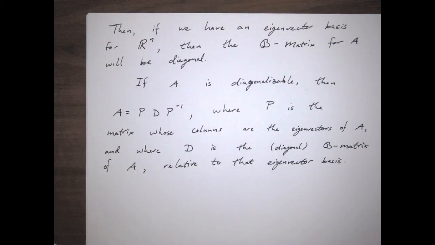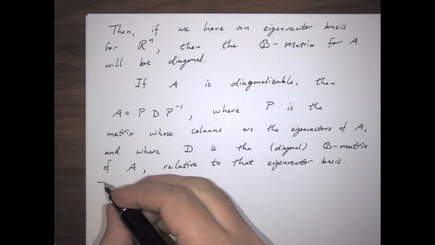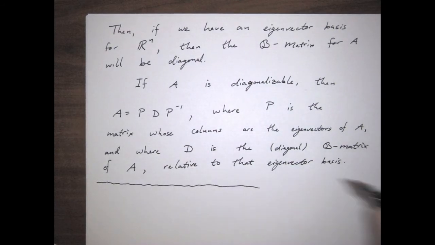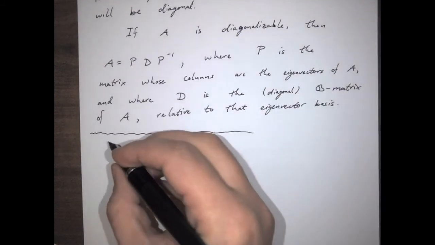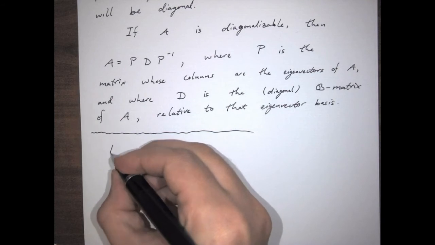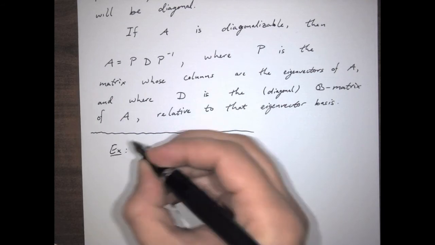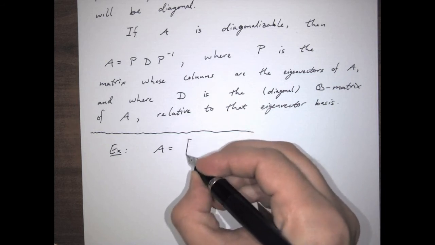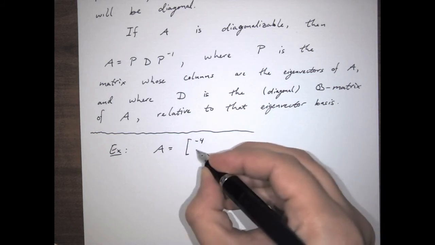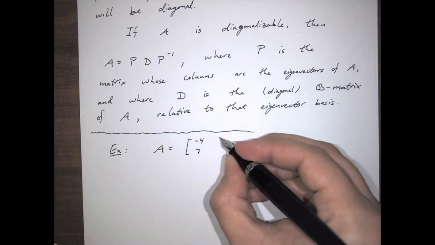So as an example of how this could end up looking in your life, what you might get is a matrix, and then you would try to find a basis relative to which this matrix is diagonal. So as an example, let's take a matrix A equal to [-4, 7; 1, 2].